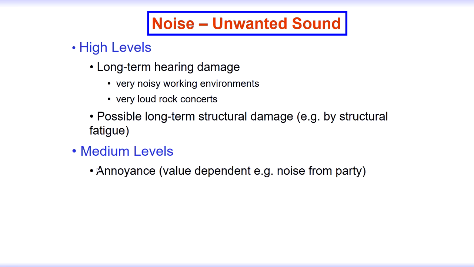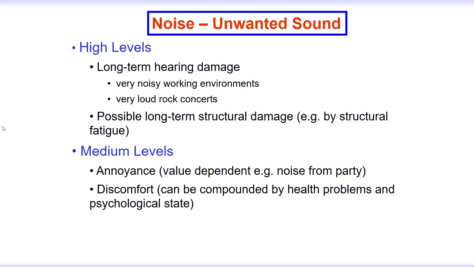So classifying these medium levels of sound as noise can be a value-dependent assessment of the sound. There's also the possibility that medium levels could cause discomfort. Maybe a pure tone could be very annoying. This can be compounded by health problems and psychological state.